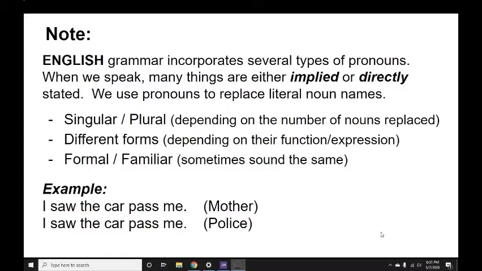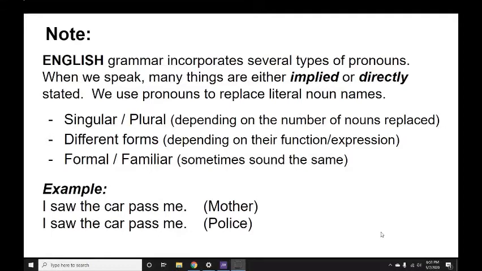So we also use pronouns in different forms depending on the function in the expression or the phrase that we're making. For instance, there are subject pronouns and object pronouns. We'll see the difference between those in a few minutes, but that's an example of different forms of pronouns depending on the function in the statement.